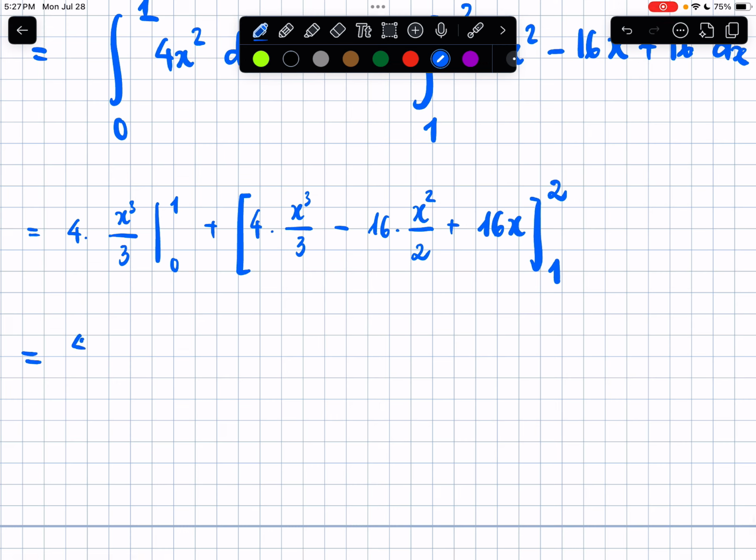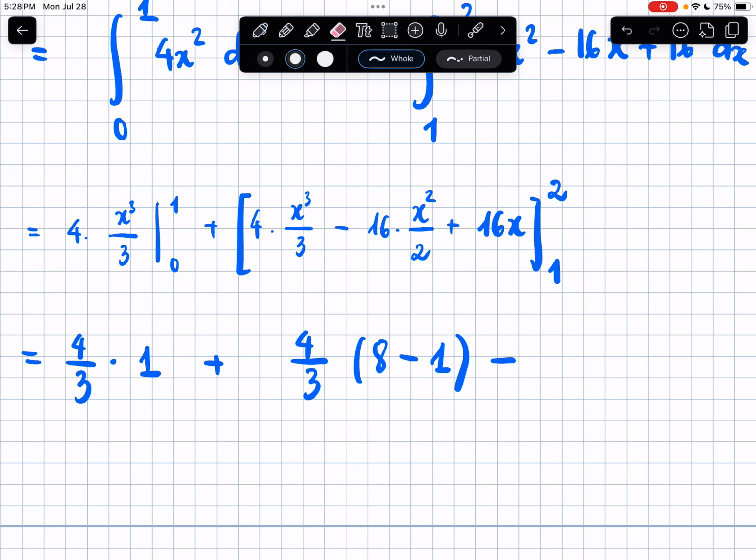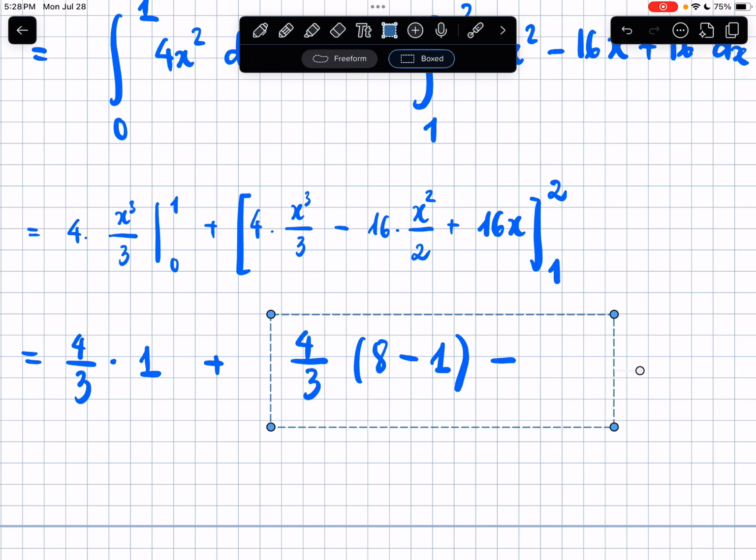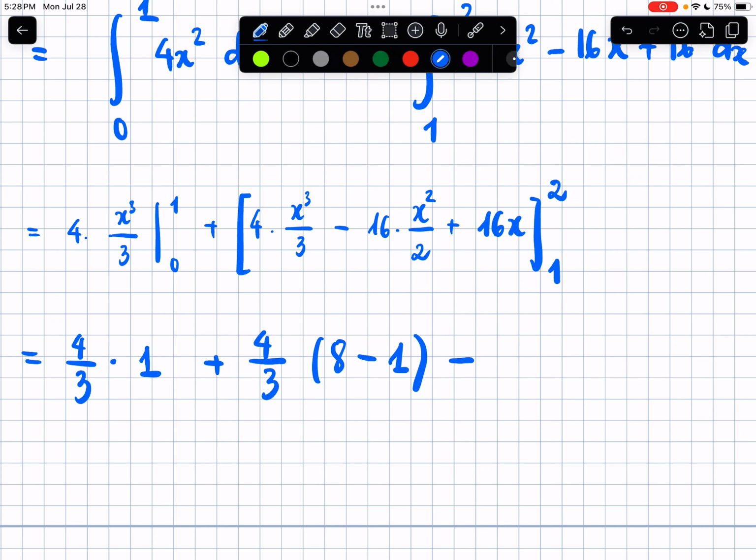So 4 divided by 3 times 1 minus 0, plus 4 divided by 3 times 2 cubed, 8, minus 1 cubed, minus 16 divided by 2, so 8, times 4 minus 1, plus 16 times 2 minus 1.